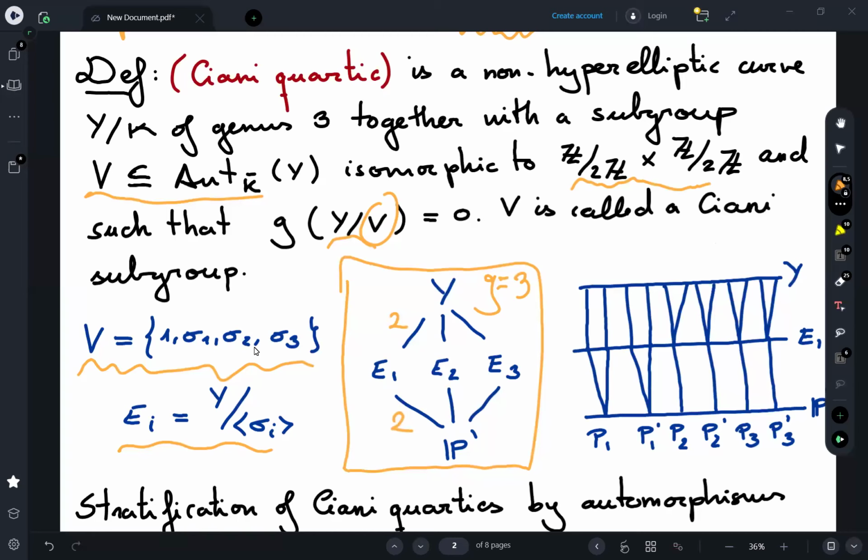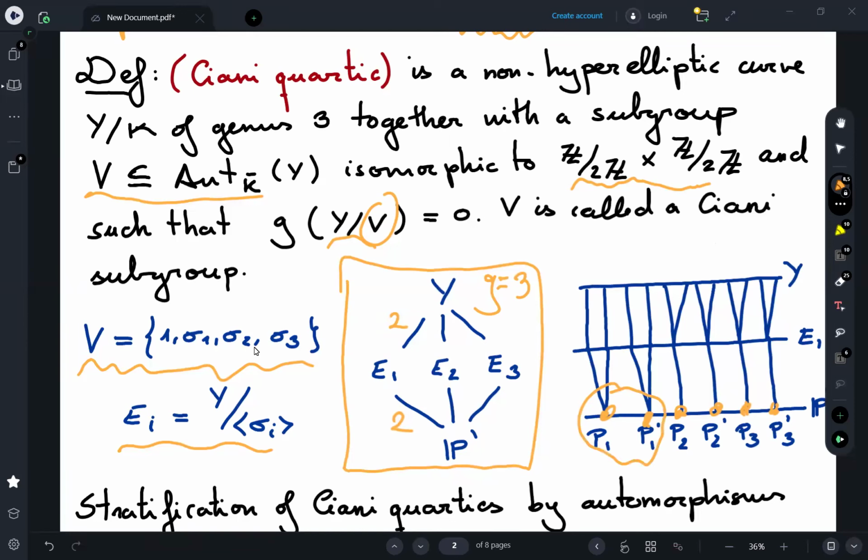And if you look at these morphisms, you can look at the ramification. What is funny is that if you look at the ramification from your genus 3 curve to P1, you get 6 points. So basically, it is the same thing to give the Ciani quartic by an equation, the plane quartic, as to give P1 with 6 points that correspond to the ramification points, but you have to pair them up.